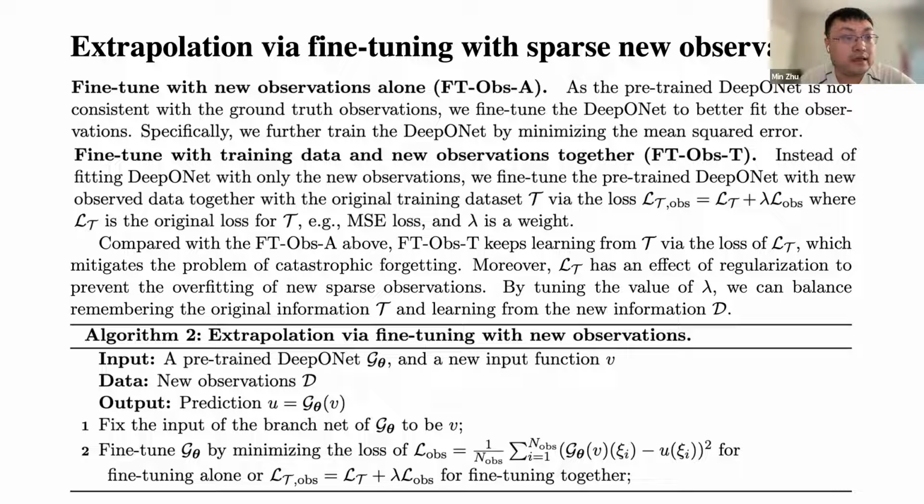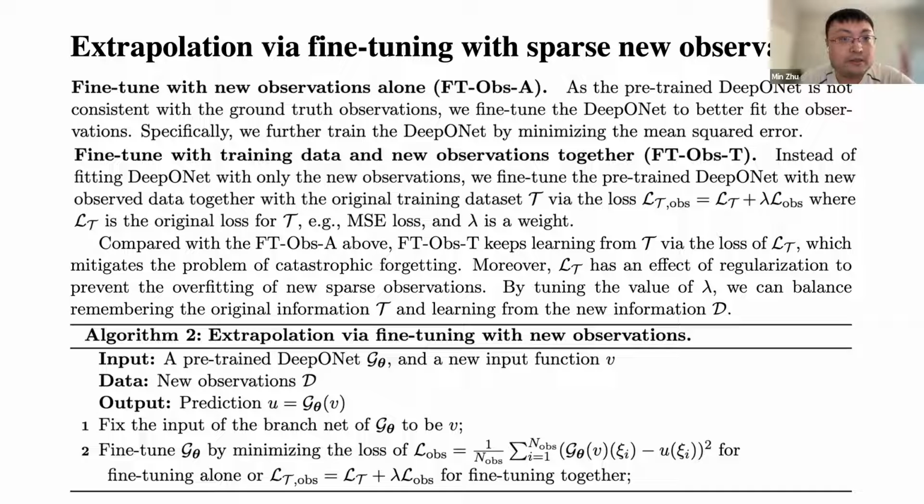The next is about extrapolation: fine-tuning with sparse new observations. The first is called fine-tuning with new observations alone, abbreviated as FT-observe-A.